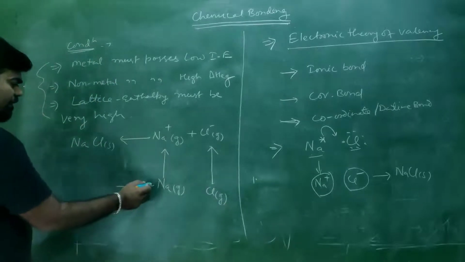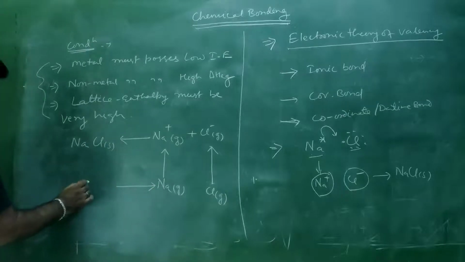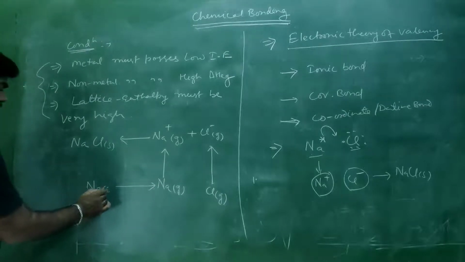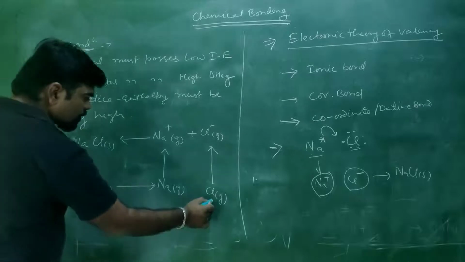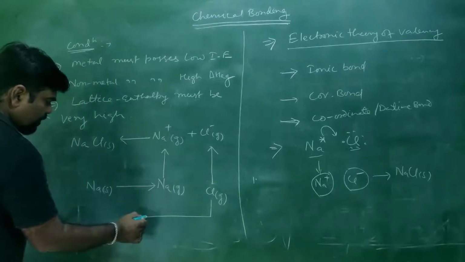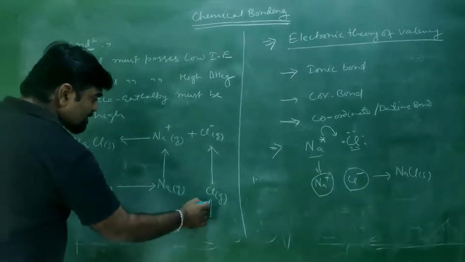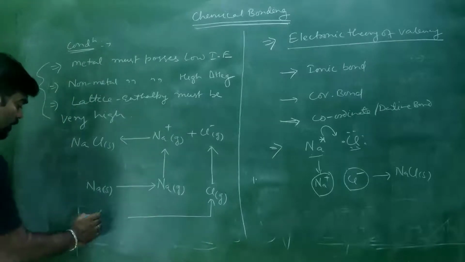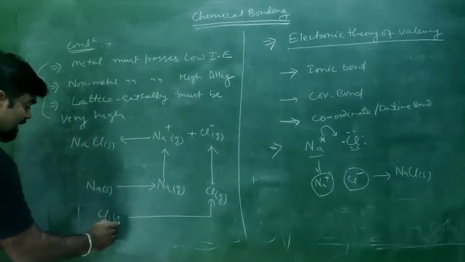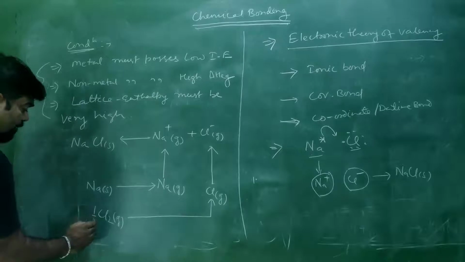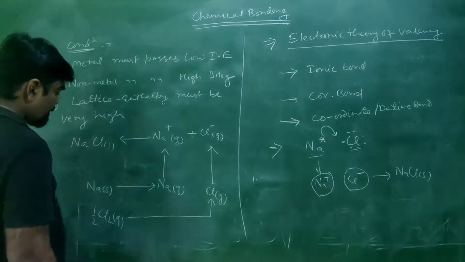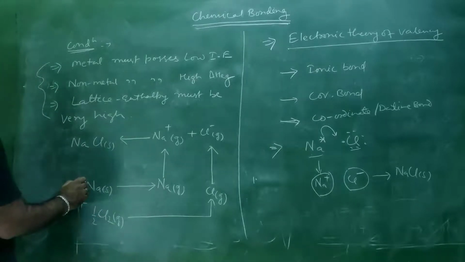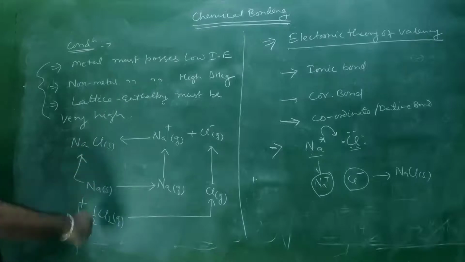Na gaseous atom is produced from Na solid, and chlorine gaseous atom is produced from the chlorine molecule, which is a gaseous molecule, by using dissociation enthalpy. Then Na+ and half Cl2 will form NaCl crystal.